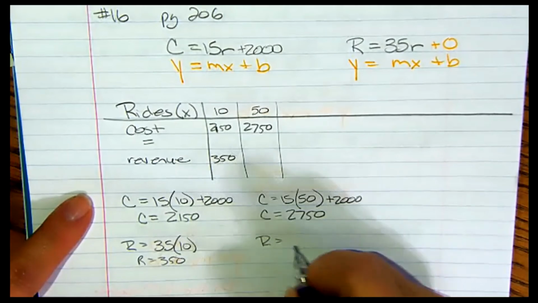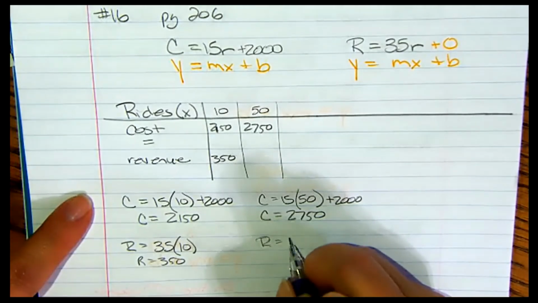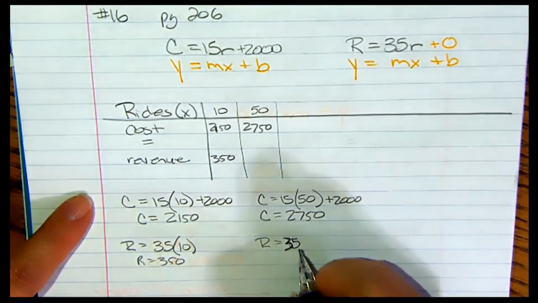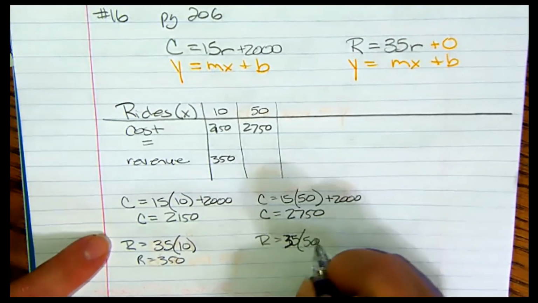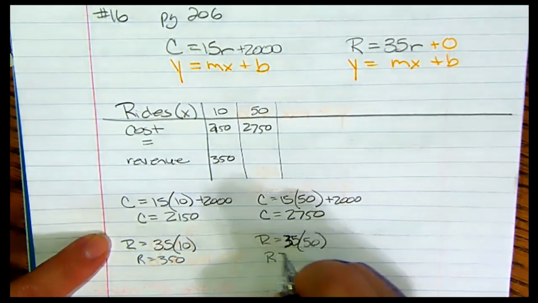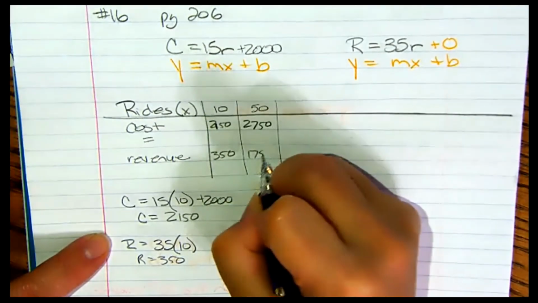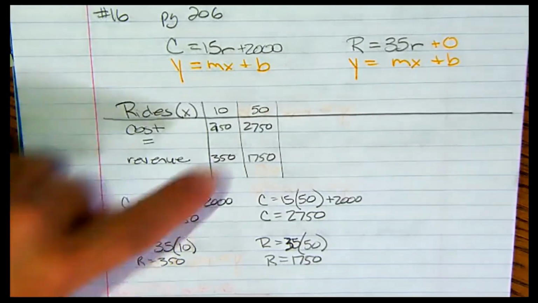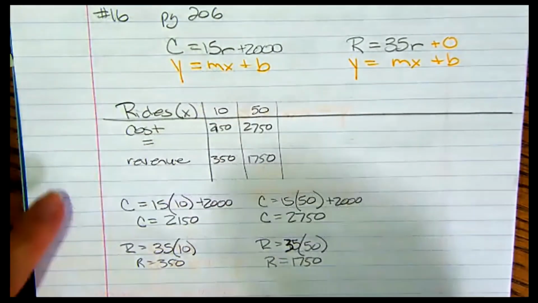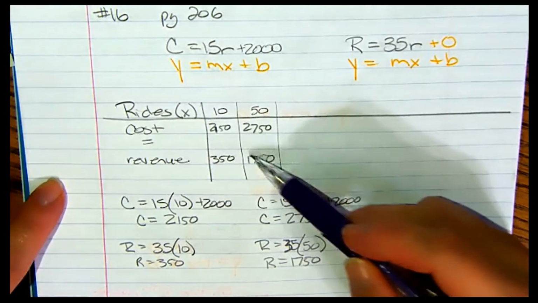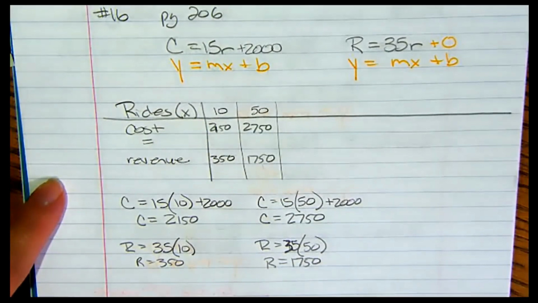My revenue for 50 rides is $35 times 50 rides. My revenue is 1,750. Okay, we're doing better. The gap is getting smaller. We're only $1,000 off now.